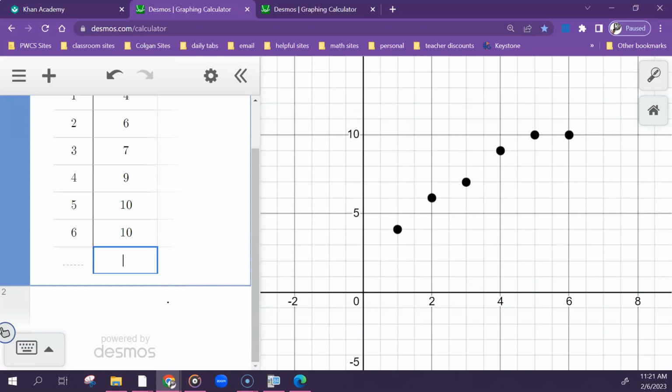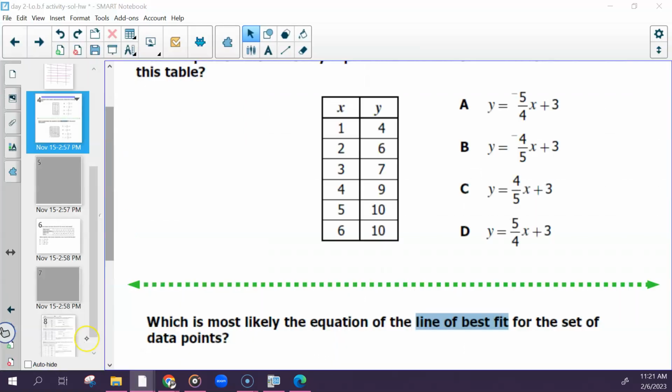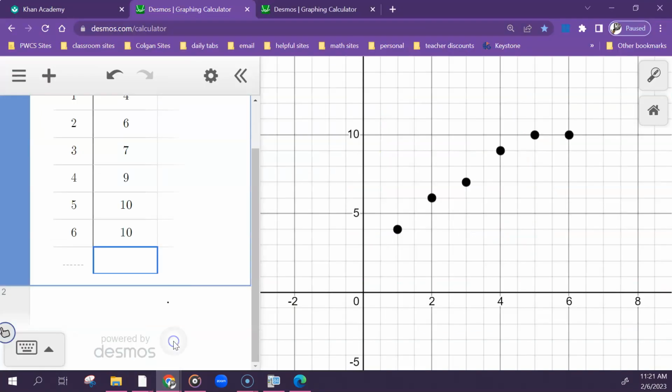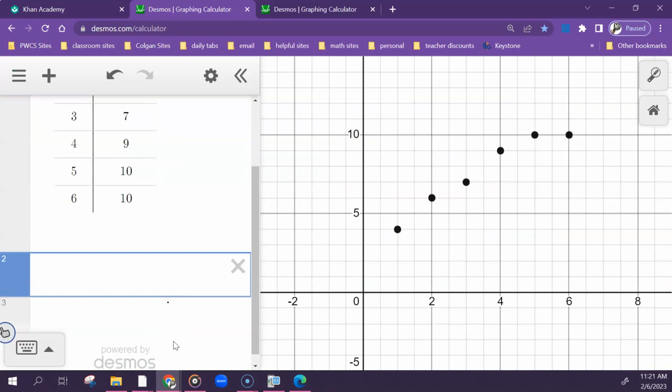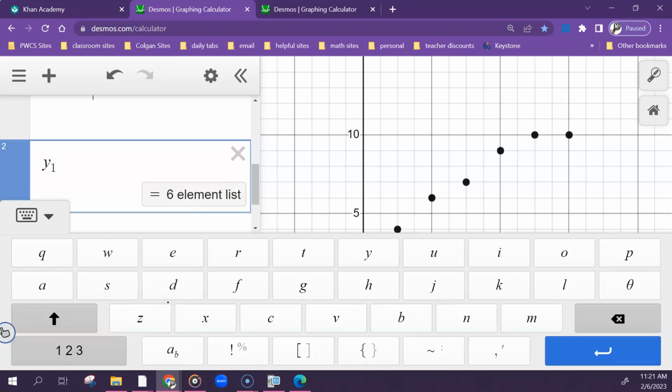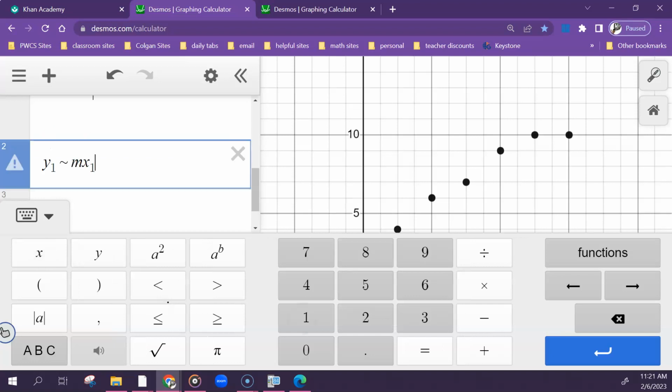Before we figure this part out, as we're looking at these, they are going up. So anything that is negative, we can get rid of. So A and B, we can eliminate. It has to be C or D. So on my Desmos, I'm going to type in y1 tilde mx1 plus b.